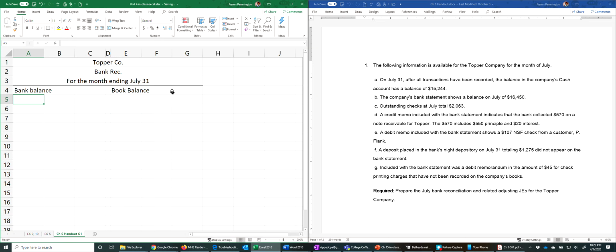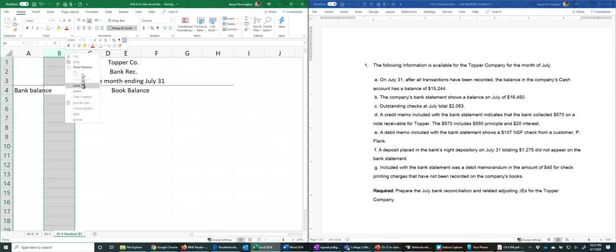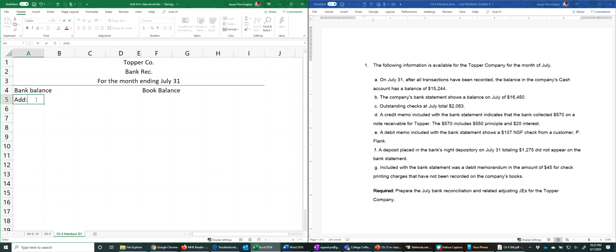I'm going to insert a couple of columns here. And we'll have some additions on each side, and some deductions.